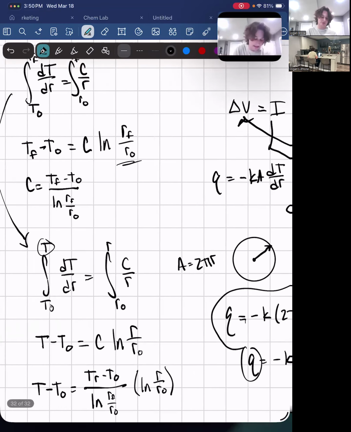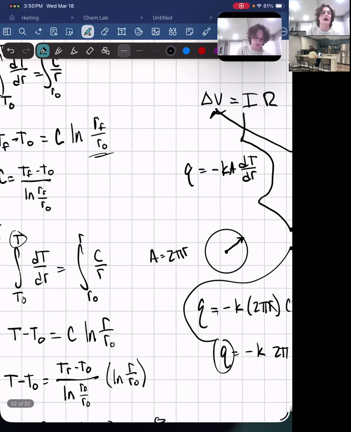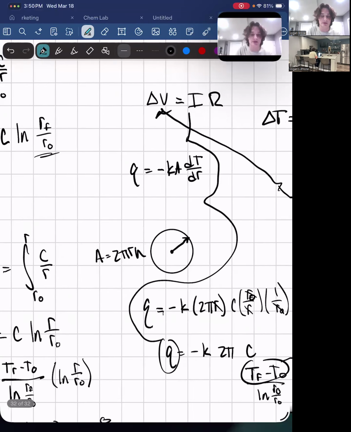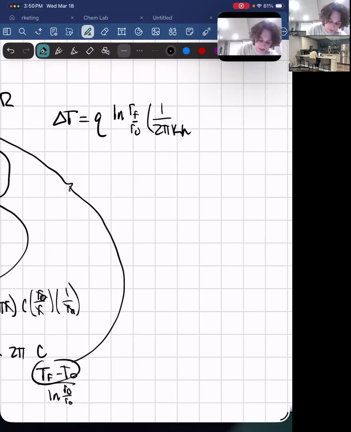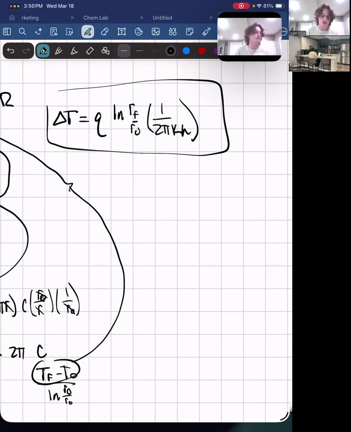But since we're in cylindrical coordinates, there's actually a height associated with this area. And so our final equation relating to Ohm's law is our change in temperature equals our heat times the natural log of our final radius over our initial, times 1 over 2 pi thermal conductivity times our height. And that is everything.